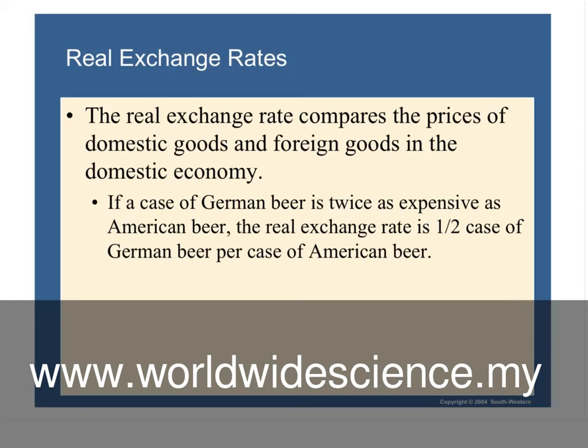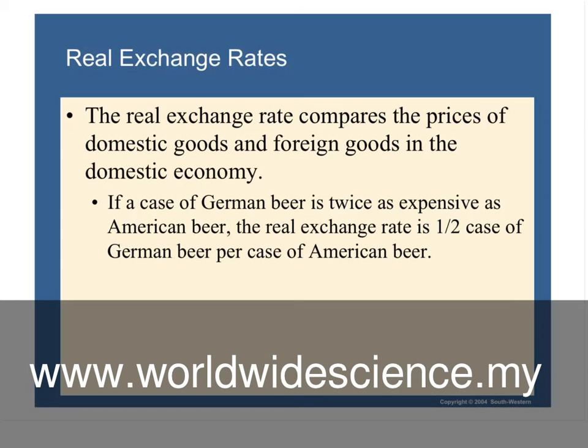So we have this fact called the nominal exchange rate, which is just the currency. But on the other side, we have the real exchange rate, which is the currency compared to the goods and prices, goods and services, products. So let's say in this case, the German beer is twice as expensive as an American beer.